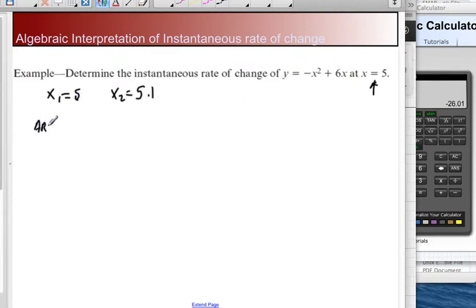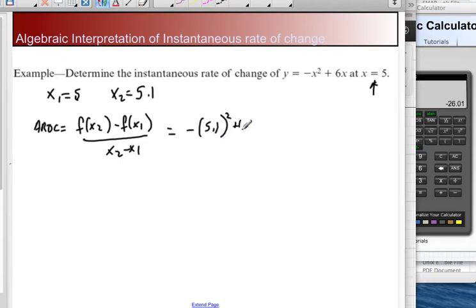So let's go average rate of change. Here's my formula. And so I'm going to plug it in right away. There's my function. So I'm going to plug in 5.1 first. So I get negative 5.1 squared plus 6 times 5.1.